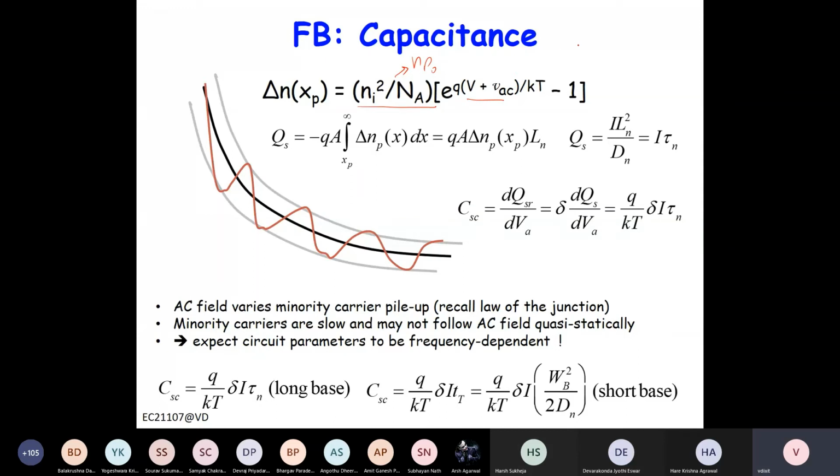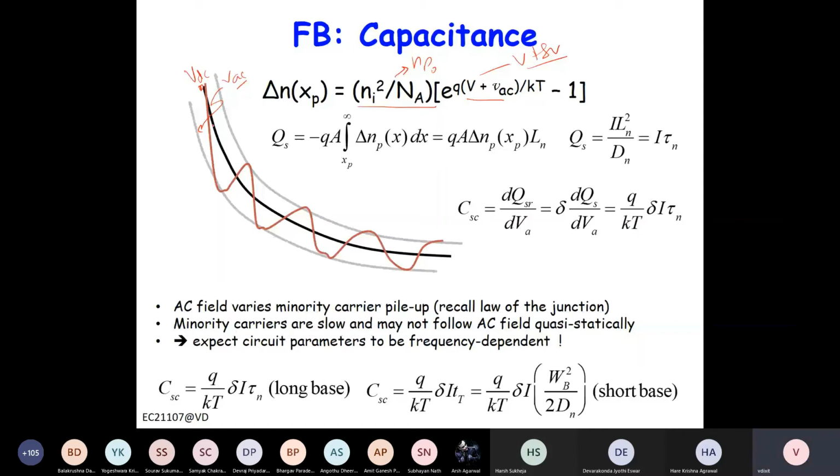What we do basically is choose a DC operating point. This is V DC, and this is V AC, or you can say this is V plus delta V, where delta V is the AC part, because the voltage is not changing from plus V to minus V. A small voltage is superimposed on DC voltage V.